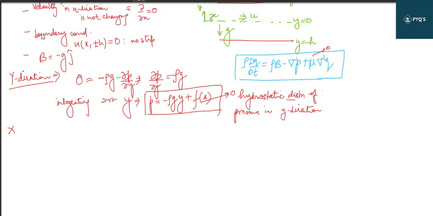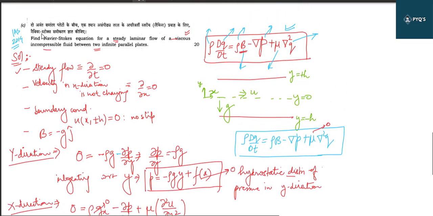Now applying it in the x direction, which is the important application. For the x direction, the left side is again 0, there is no acceleration because of laminar flow. There is no g in the x direction, so that term is 0, minus del p by del x plus mu times del 2u by del y 2, supposing u is the x direction velocity.